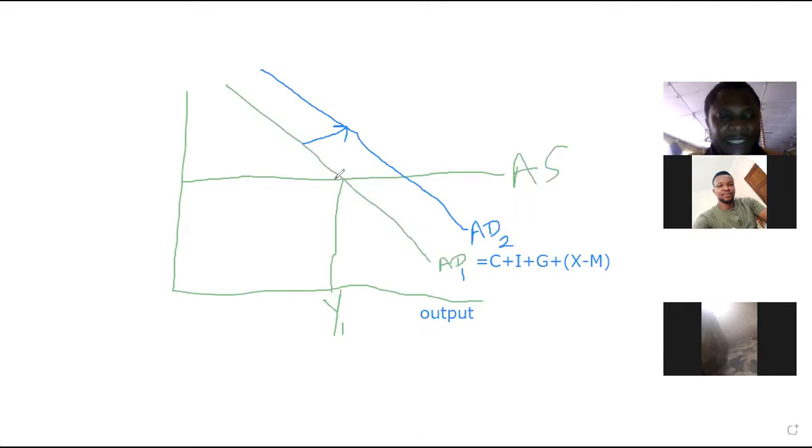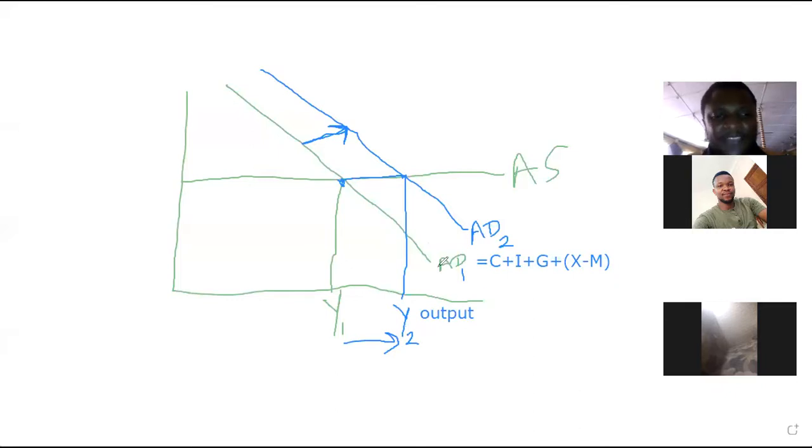And when you do that, output will increase from the initial point to a new point, Y2. What happens? Output has increased. How did output increase? Because aggregate demand increased from AD1 to AD2.